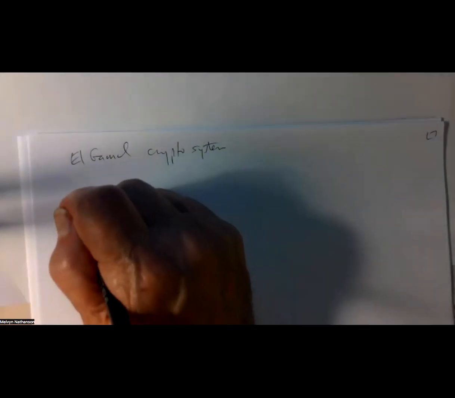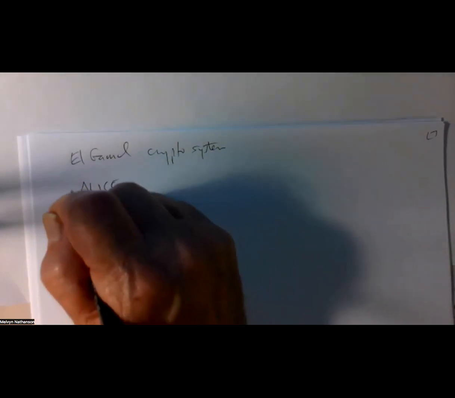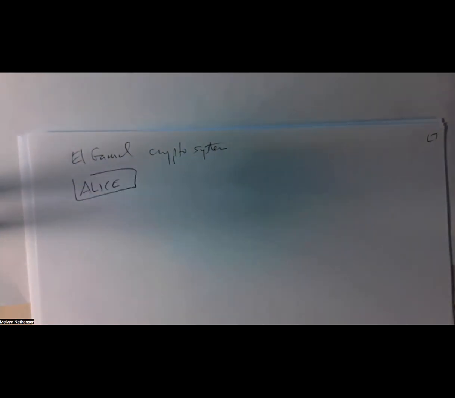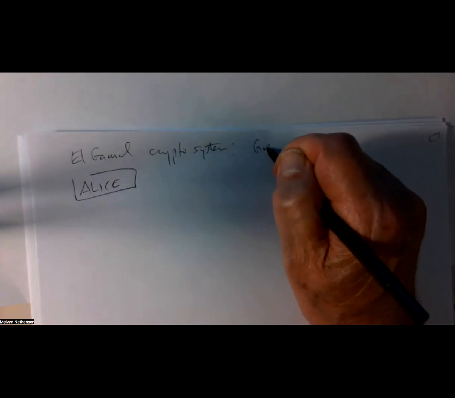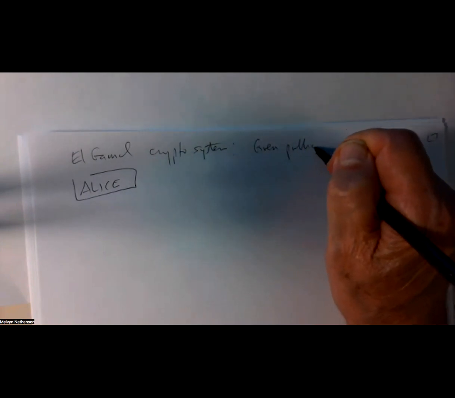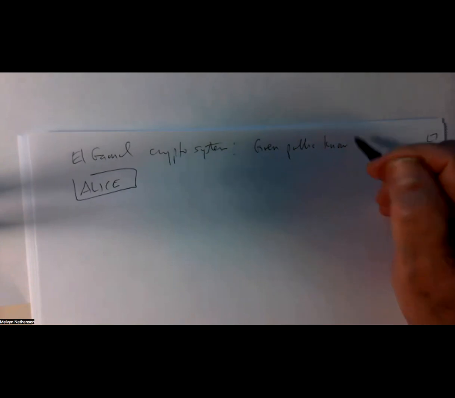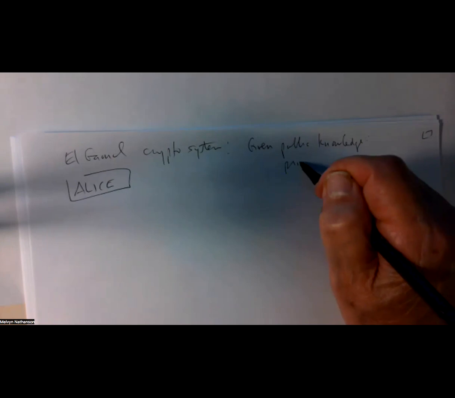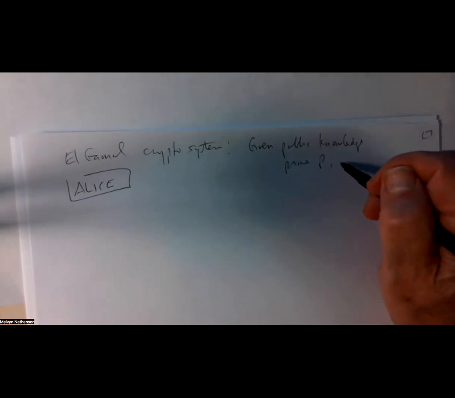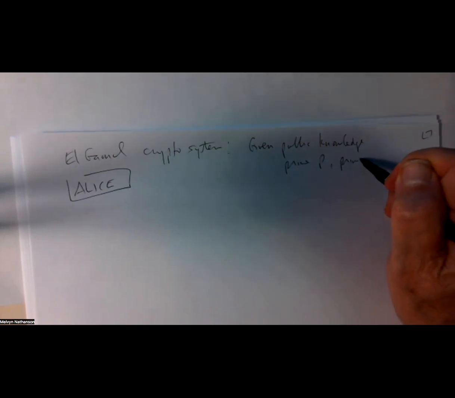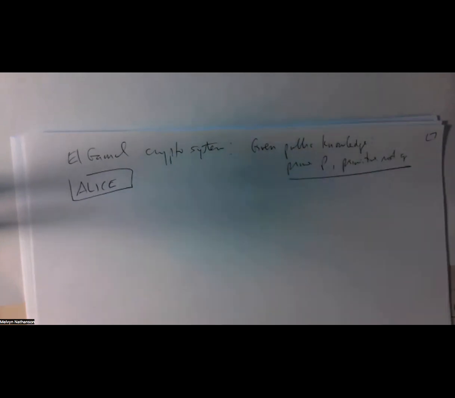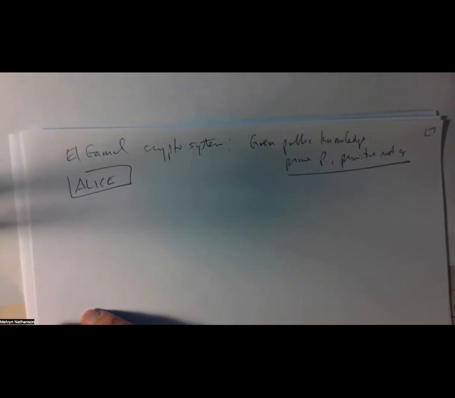So what does Alice do? So what is given? What is public knowledge? Everyone knows this. Alice, Bob, Eve, and everyone. There's a prime P, and there's a primitive root G. So everybody knows these, all right?